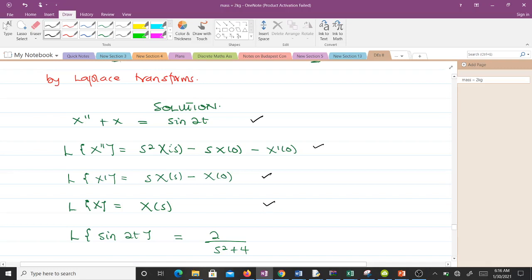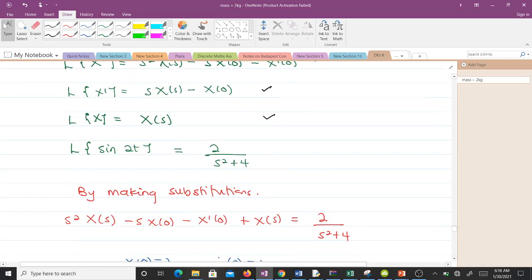Then we also have to find the Laplace transform of sine 2t. So the Laplace transform of sine 2t is 2 over s squared plus 4. By now, you should know how we did that, because in our first video, we showed the reason why the Laplace of sine at is giving us a over s squared plus a squared.